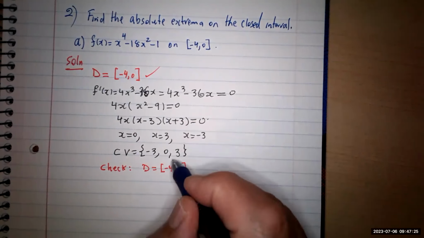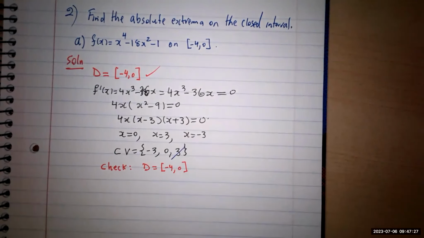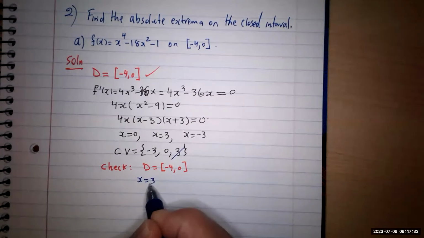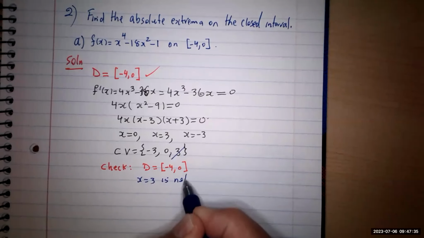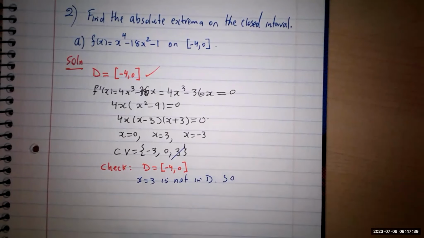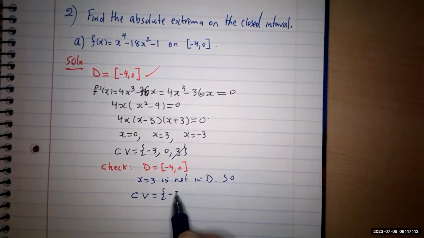So you take the 3 out. You are not going to carry all these points. So x equal to 3 is not in D. So you are going to update your critical values. The critical values are going to be only -3 and 0. Any question?